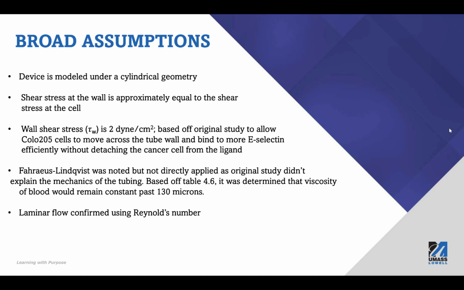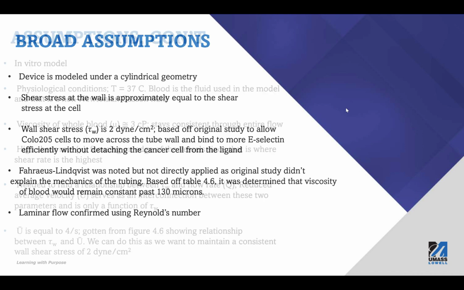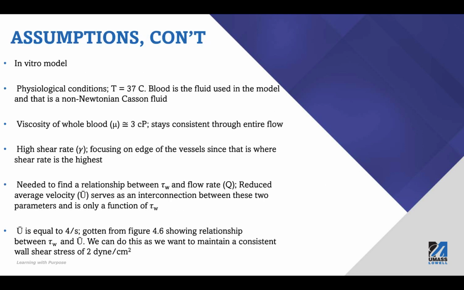Now, we confirmed this using Reynolds number, and in order to calculate Reynolds number, we had to make some assumptions based off the properties of blood. So we know that blood has a viscosity of 3 centipoise.